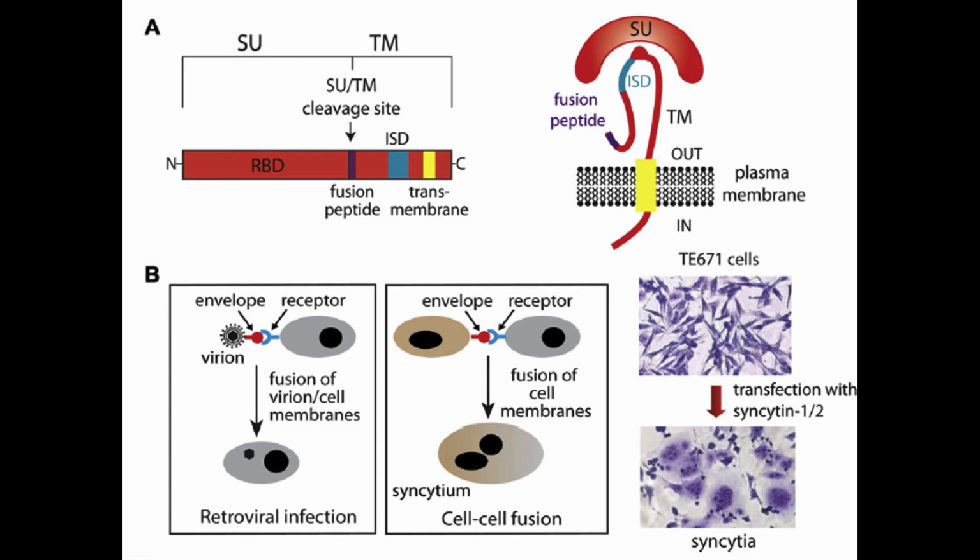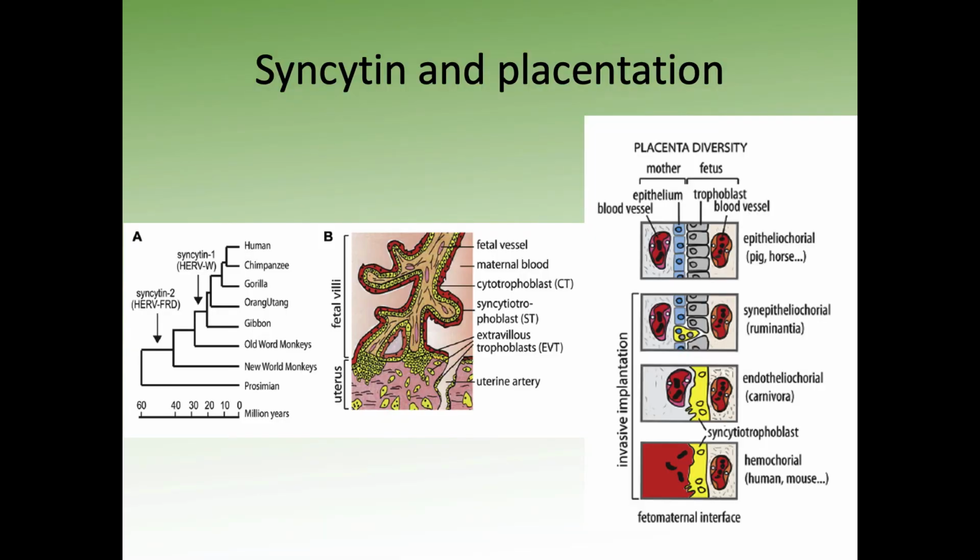So why is this gene and this fusion of cells important? Well, if we think about something like the development of the placenta, which is a key innovation for the evolution and origins of us, one of the interesting problems that had to be resolved was how does a mother actually carry an offspring, which is a foreign body inside of her own body, without her body rejecting that offspring, right?